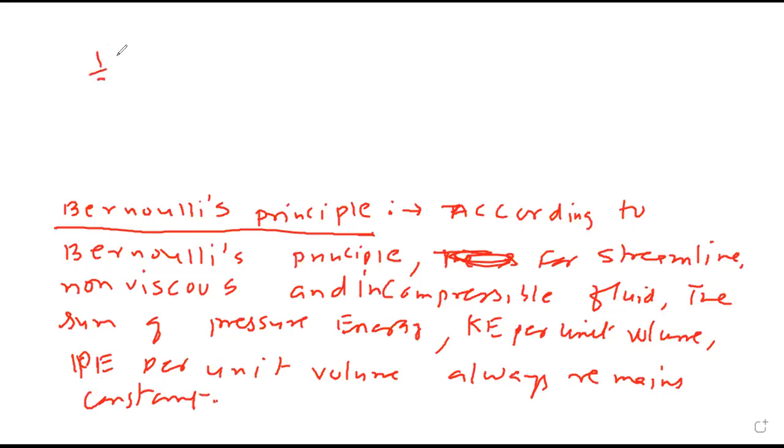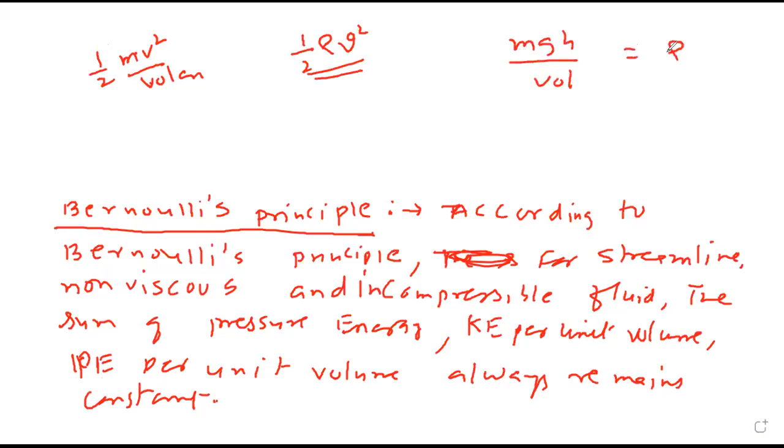So kinetic energy is half m v square. If I divide it by volume, mass upon volume is called density, so it will become half rho v square. Potential energy is mgh. If I divide by volume, it will become rho gh. Pressure energy means energy due to force or work done.